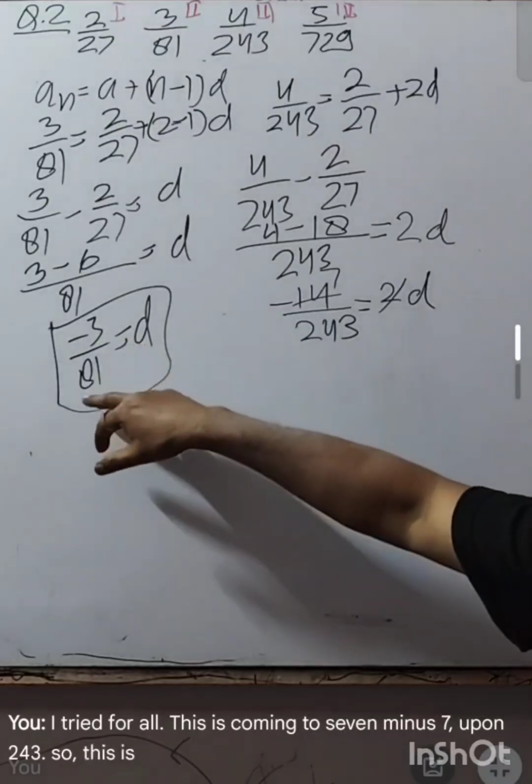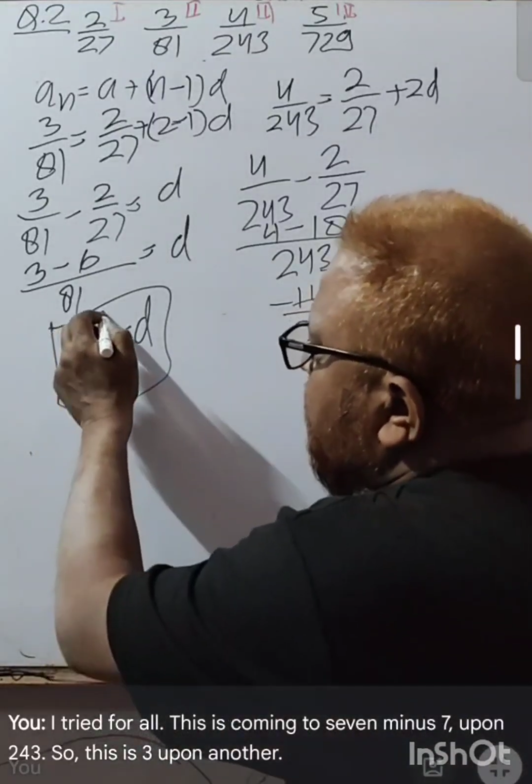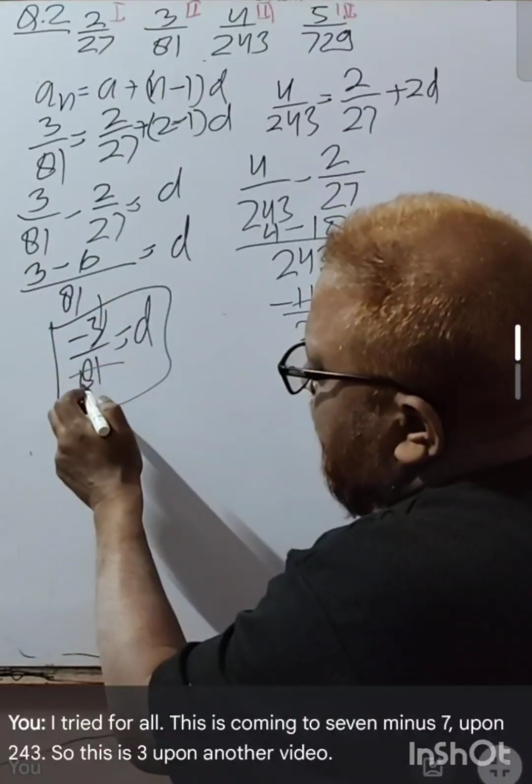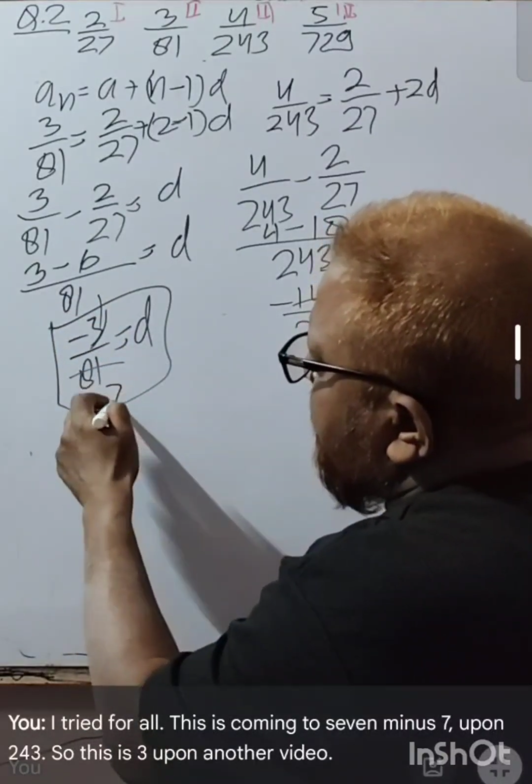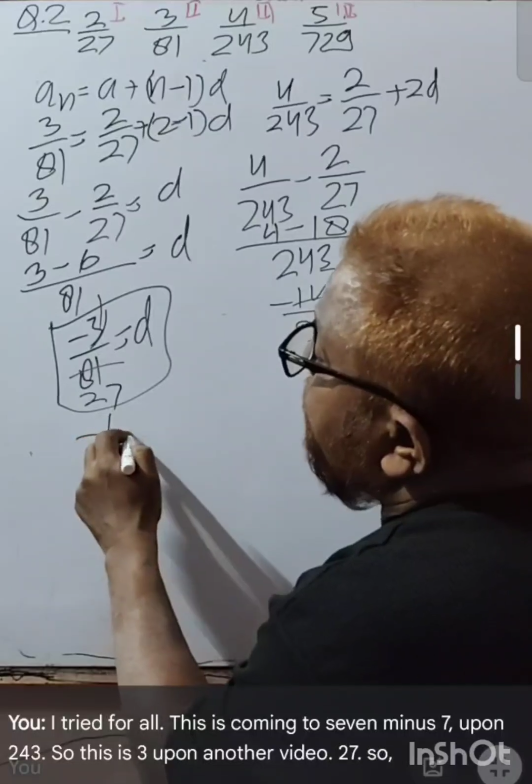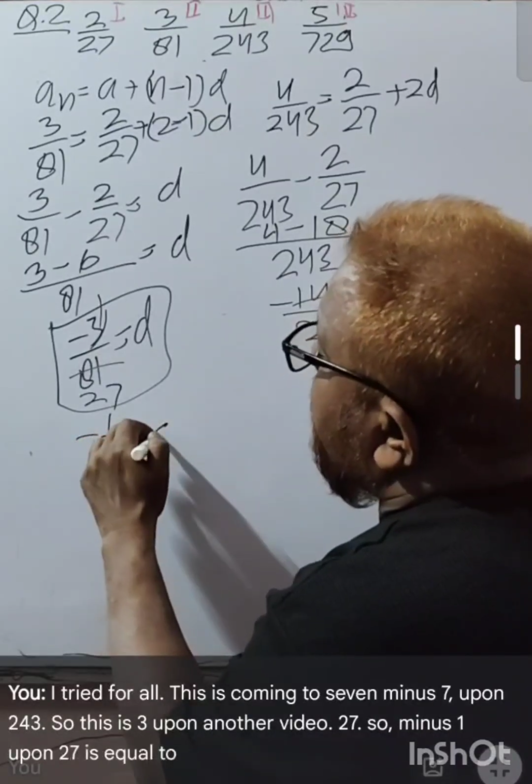So if I do it, suppose, then it will come to 27. So minus 1 upon 27 is equal to d.